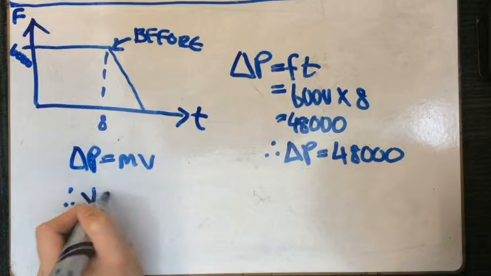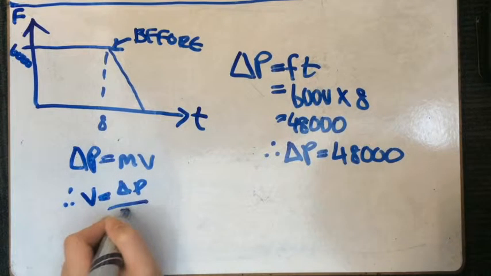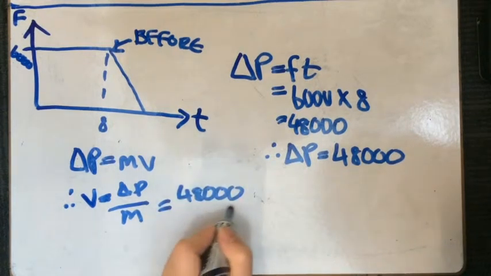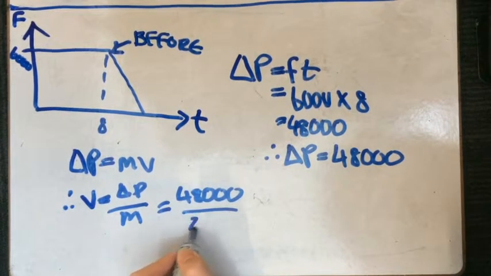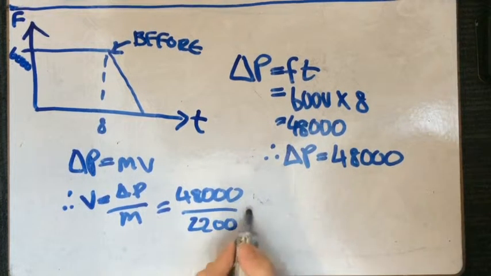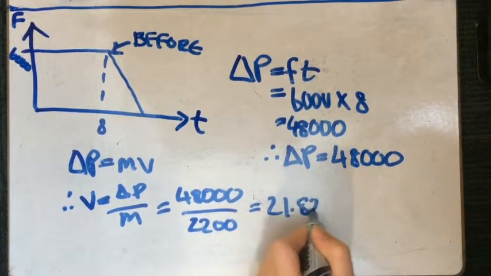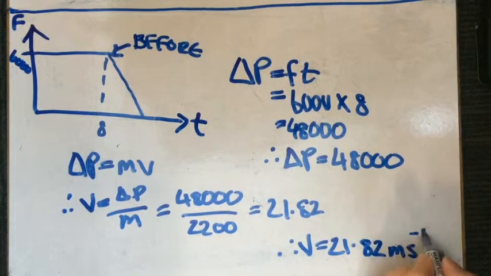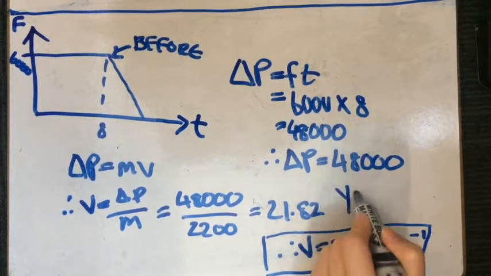Now we know that m is 2,200, so we get 48,000 equals 2,200 times v. We divide 48,000 by 2,200, and we get v equals 21.82 meters per second. That's how fast the car was going at the point of braking.